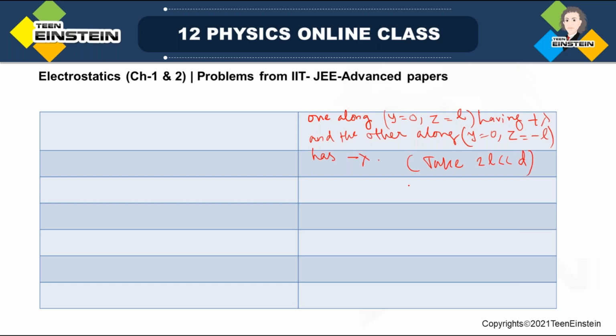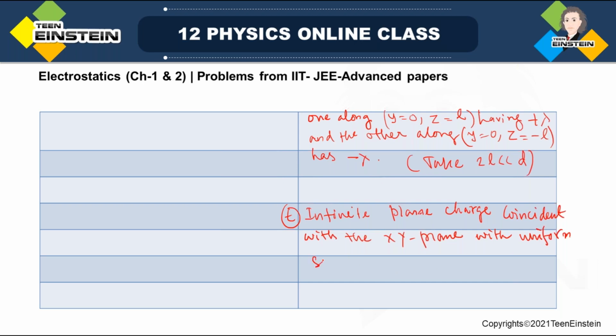And the last option, T, says infinite plane charge coincident with the xy plane with uniform surface charge density.